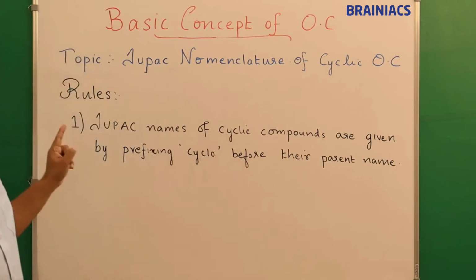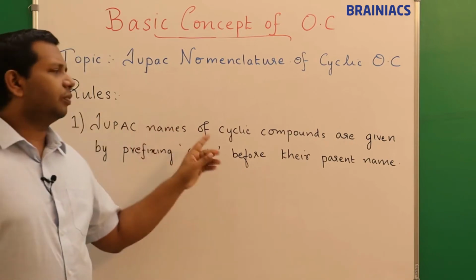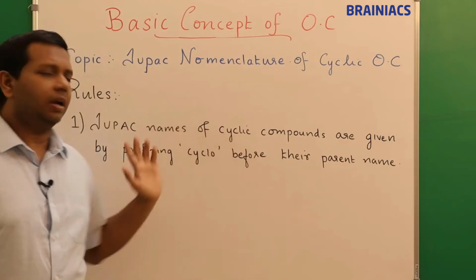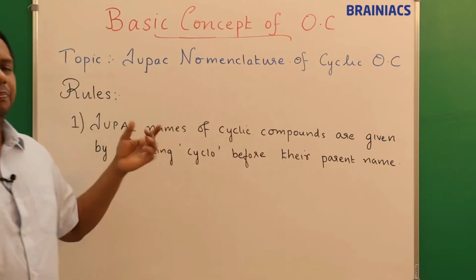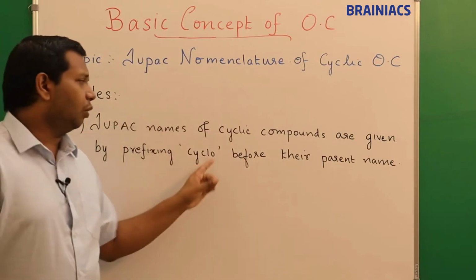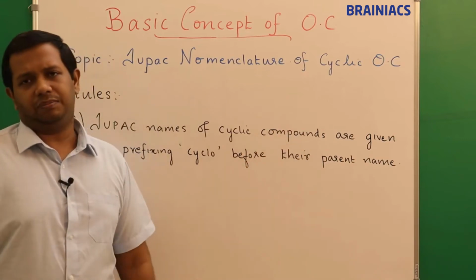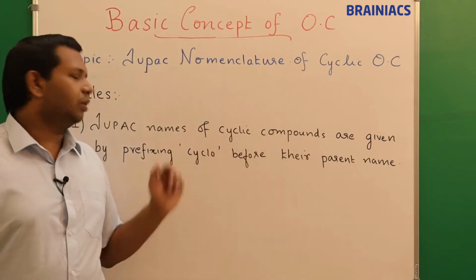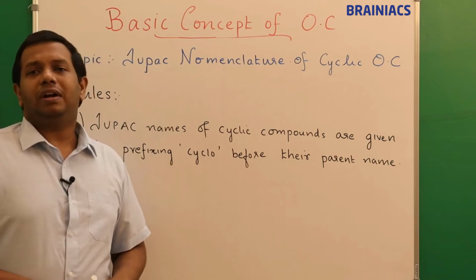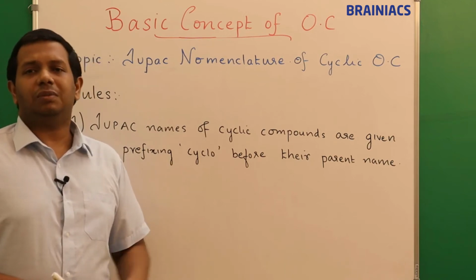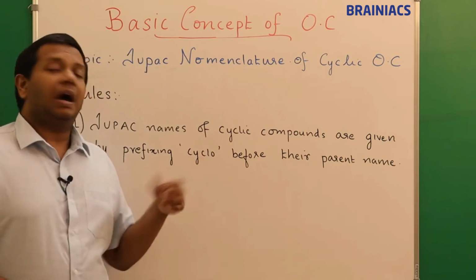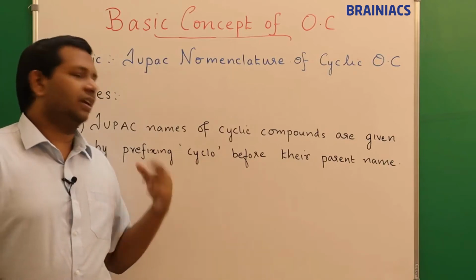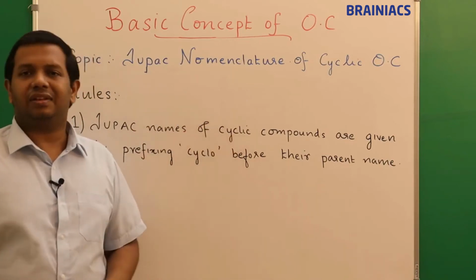Rule 1 states that IUPAC names of cyclic compounds are given by prefixing cyclo before their parent name. So we already know this. Cyclo is a primary prefix, correct? So we know that before the word root we need to add a primary prefix, that is cyclo. So they have given it directly as a rule.